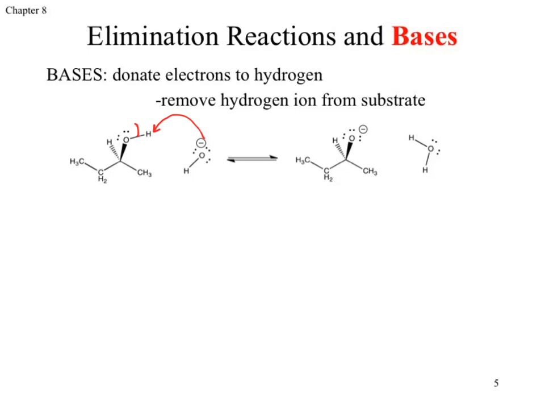Why to the oxygen? You weren't specific enough. Which oxygen needs to take those electrons? Why the one to the left? Okay, I can trust the instinct. I like that. The one on the right's wrong.